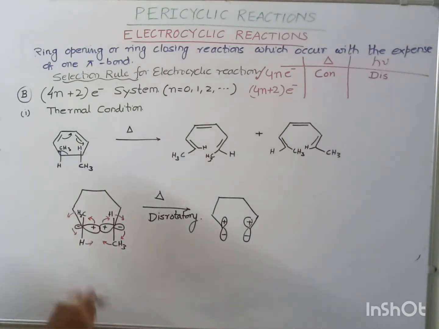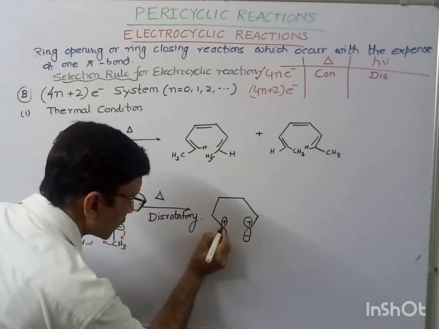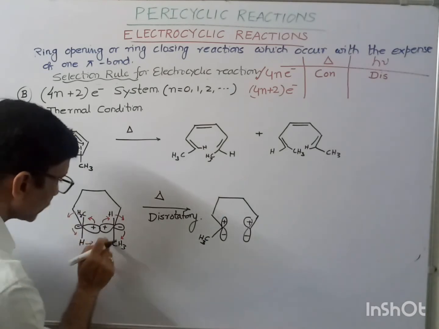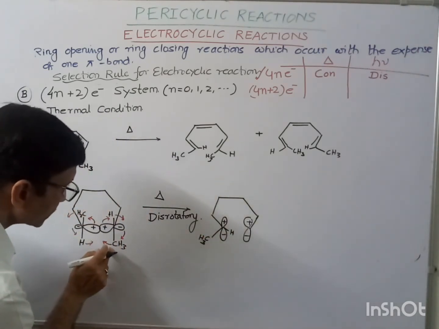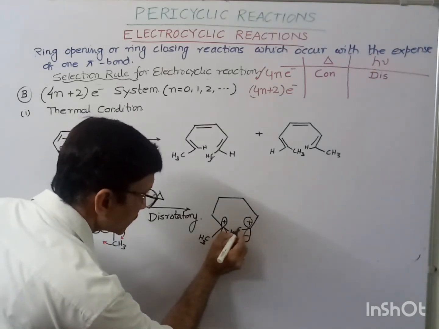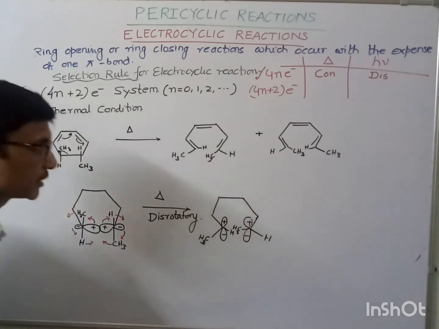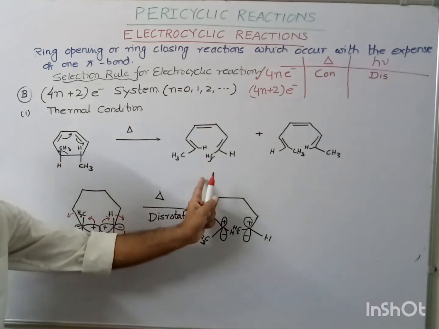Now this methyl group is coming outside and this hydrogen is coming inside, whereas this methyl group is going inside and hydrogen is going outside. So under disrotation you can get this product.